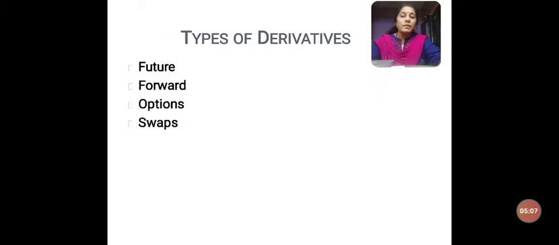So now let us know about these derivatives. The first one is futures. What do futures mean? Futures are standardized contracts entered into by two parties for buying and selling of underlying securities at an agreed price at some future date.